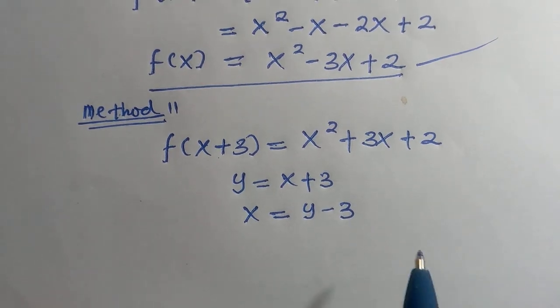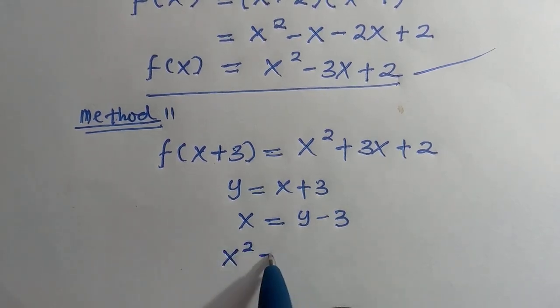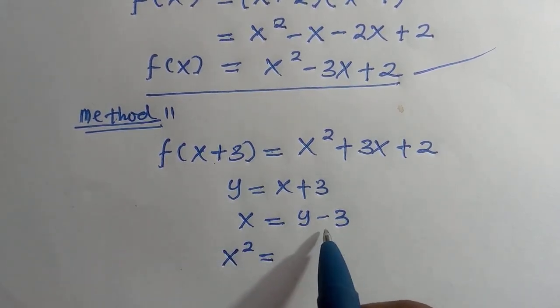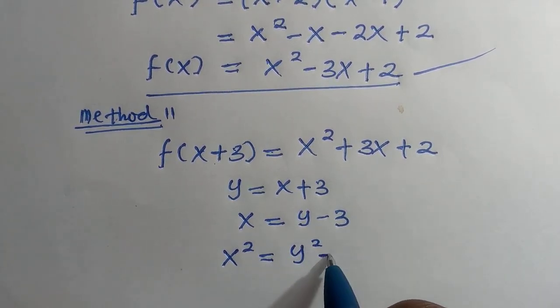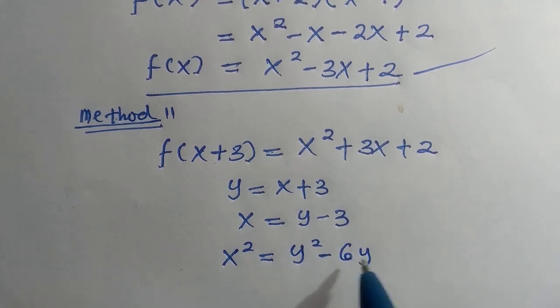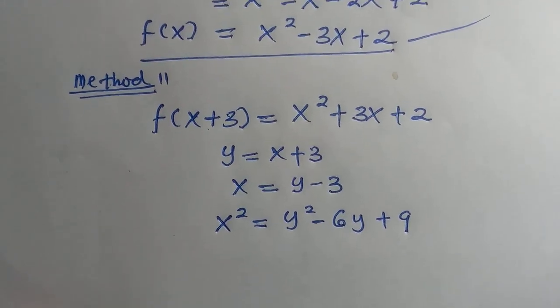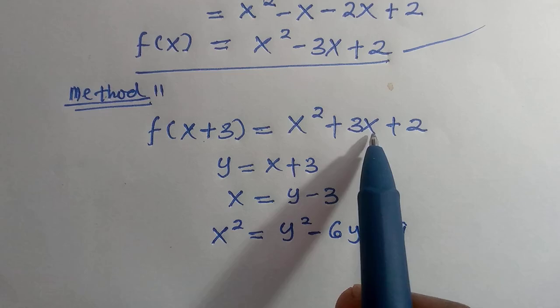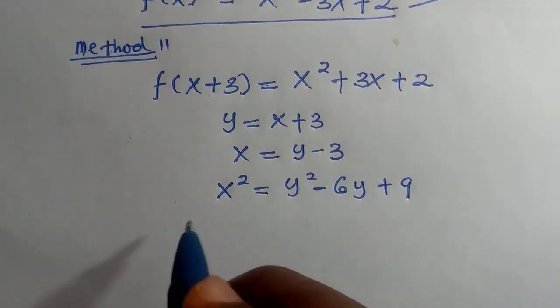Anywhere we see x, we replace it with y minus 3. But according to this, we need x squared. That is, our x squared for this is given as we take the square of this. By taking the square of this, we are going to have y squared minus 6y plus 9. That's what we are going to have for that one, because we already have our x, which is y minus 3. So let's substitute.